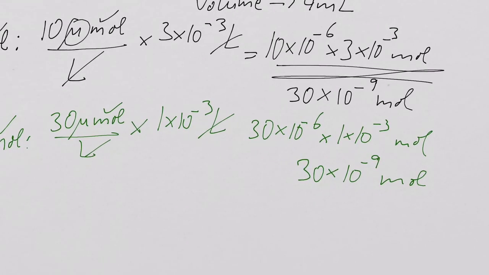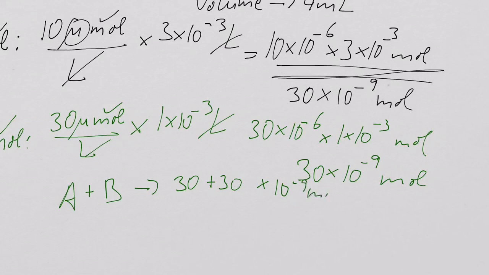And if I put them together, A plus B, how many moles do I have? That gives me 30 plus 30 times 10 to the minus 9 mole. And that is 60 times 10 to the minus 9 mole.